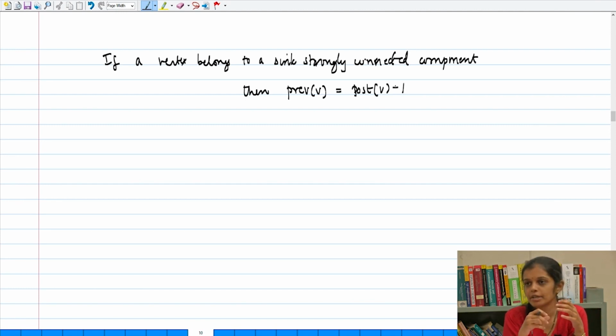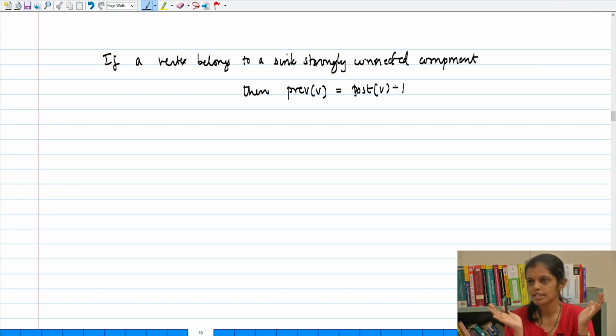Actually, we want a statement which is the other way. That is, we want to say that if pre-visit and post-visit look like this, then the vertex belongs to a sink strongly connected component, right? Because that is something that is going to help us identify a vertex which belongs to a sink strongly connected component. Is the kind of statement we want to make clear? We already have pre-visit and post-visit numbers for every vertex.